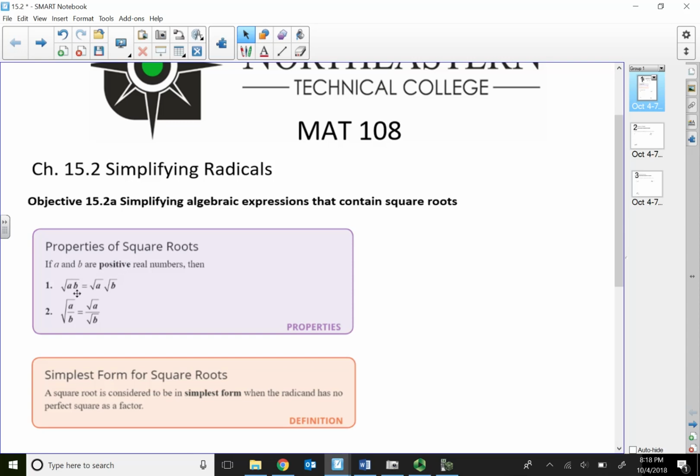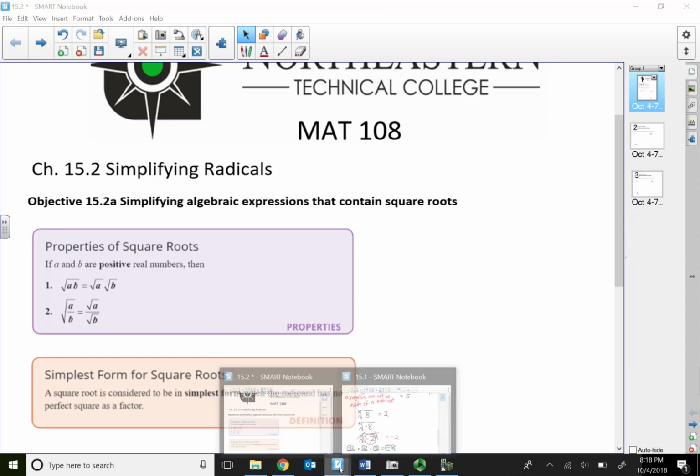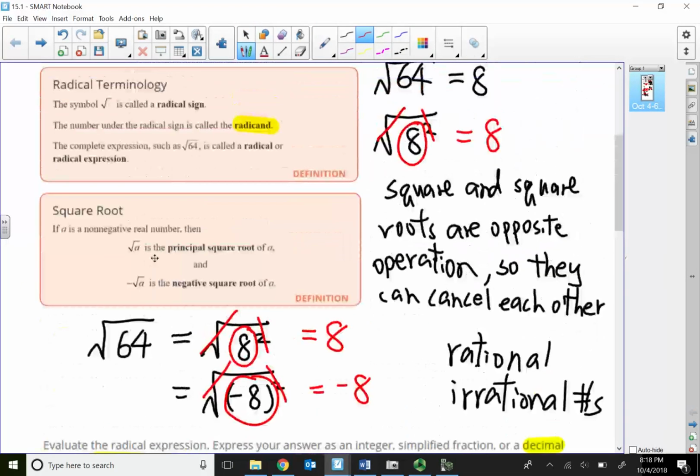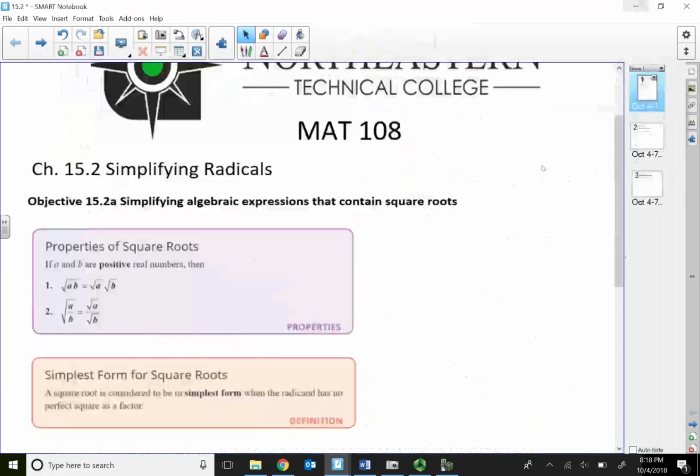They're always telling us it's positive because I always want to assume my answer is going to come out positive, based on the principal square root property from last time. Because sometimes you can write a negative in there too, and they will still come out to be a positive answer as well. So that's why the principal square root was introduced last time. Most of these instructions will always want us to assume they are positive.